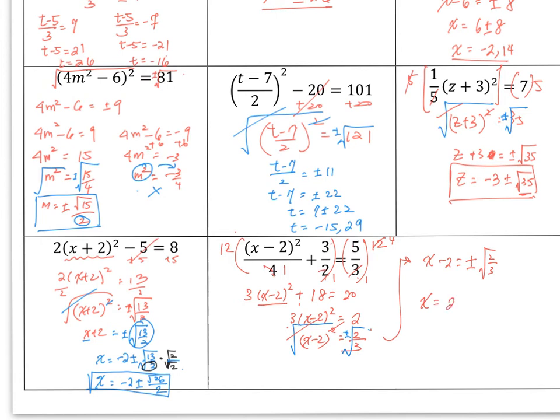X equals 2 plus or minus square root of 2 over 3. But we're not done yet because this part of the answer is not in simplest radical form. So I need to multiply this by square root of 3 over 3. And there you have the solutions.